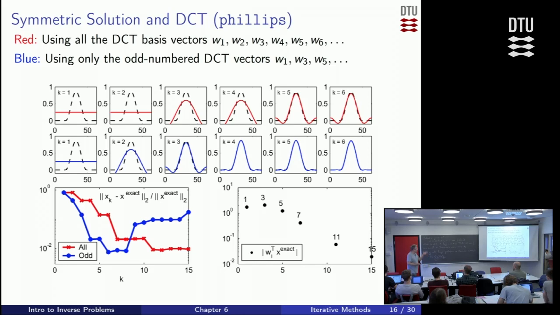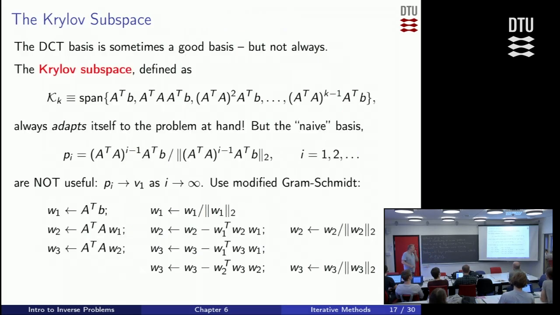And for these two examples here, the cosine basis was actually a pretty good basis to work with. And then the advantage is that you can do fast computations with it. But of course it's not always a good choice. Sometimes it works, sometimes it doesn't. And the thing is, it's fixed. You decide I'm going to use these basis vectors, or I'm going to use these.